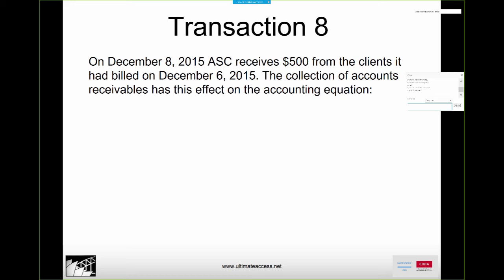The collection of accounts receivable has this effect on the accounting equation. Now, what is the debit and the credit? This company receives 500 from the clients it had billed in December. So, what is the debit and what is the credit first?